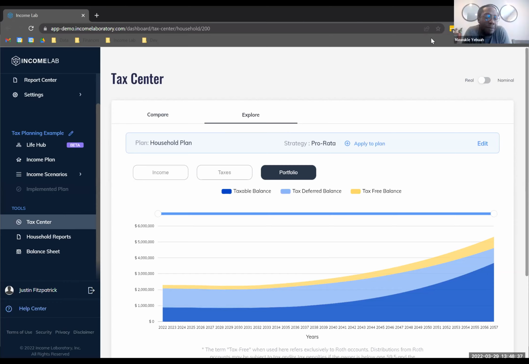Perfect. And then next question, for Roth conversions, does the software consider the 5-year withdrawal rule before which Roth monies cannot be withdrawn? This should be Roth conversion by Roth conversion. Right. So talking about both contributions and conversions, that is not an area that's covered right now.